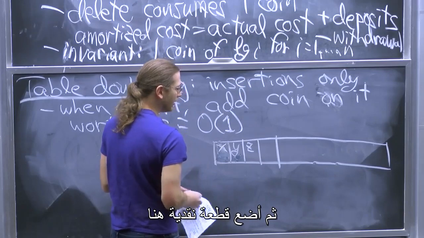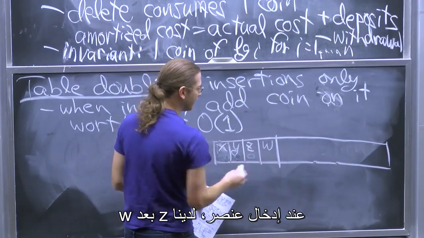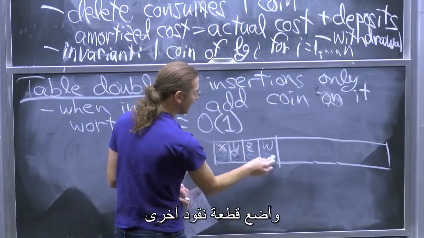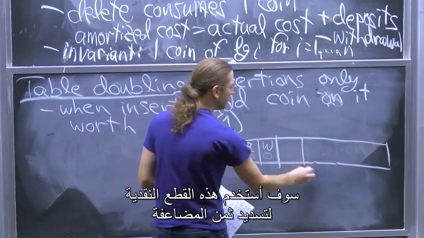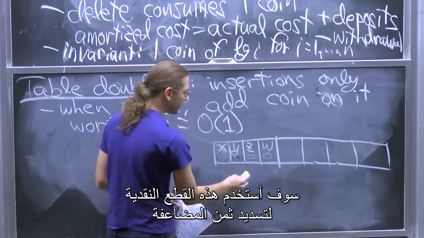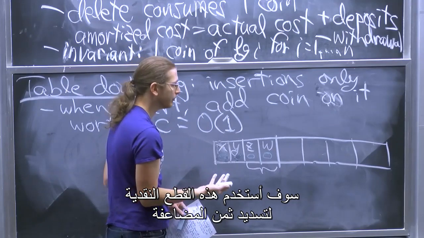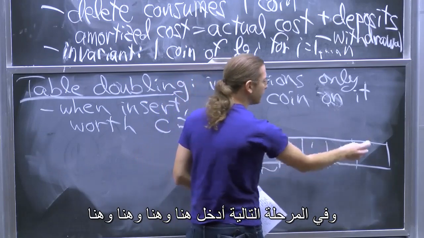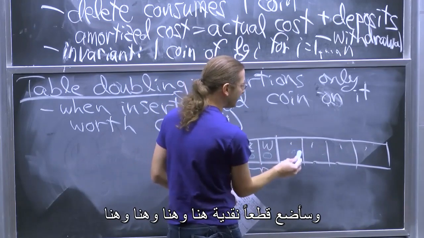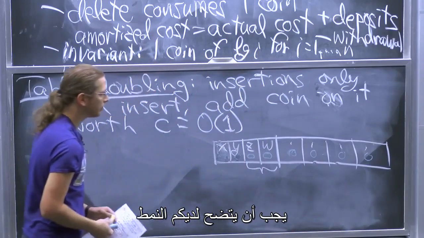Then I put a coin here when I insert item w, and then z. Then I put another coin. When I have to double again, I'm going to use these coins to charge for the doubling. And then in the next round, I'm going to be inserting here, here, here, and here, and putting a coin here, here, here, and here. In general, you start to see the pattern.